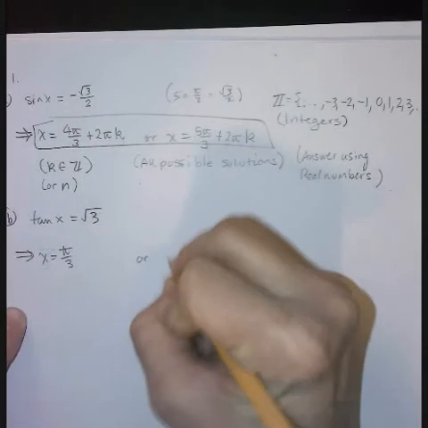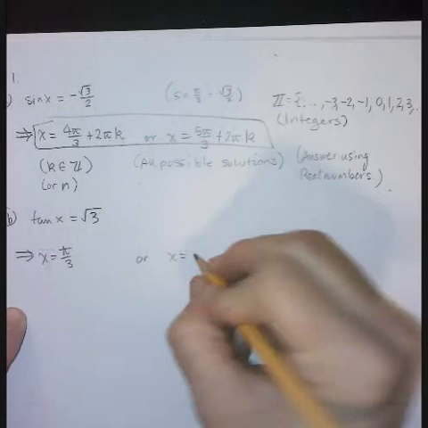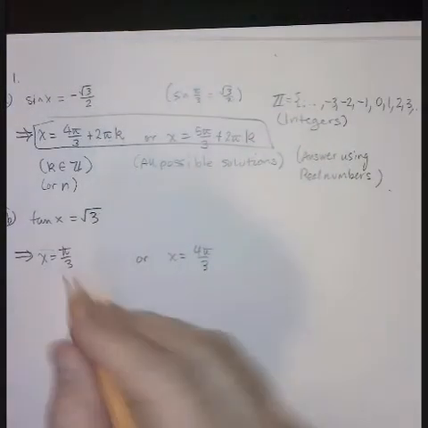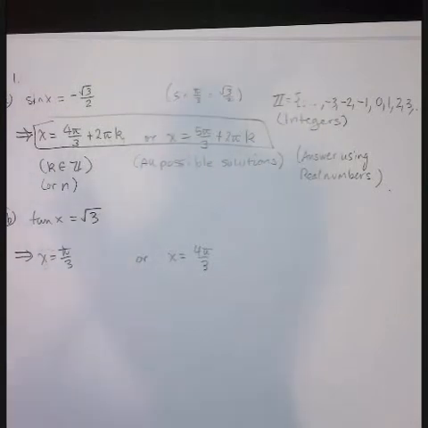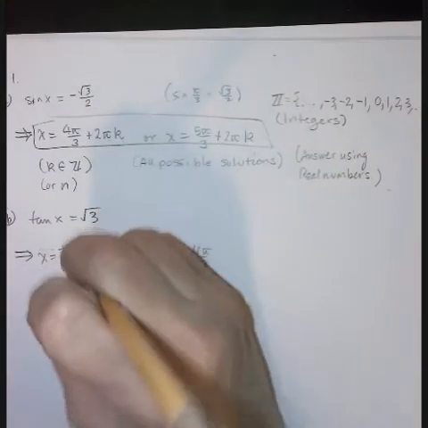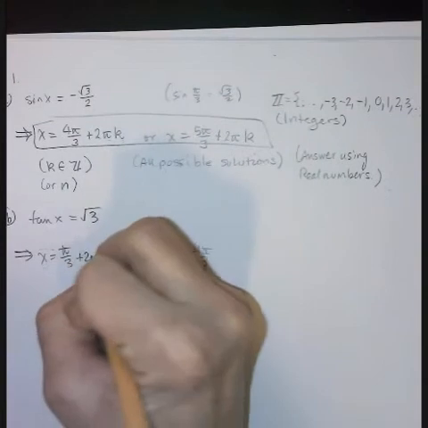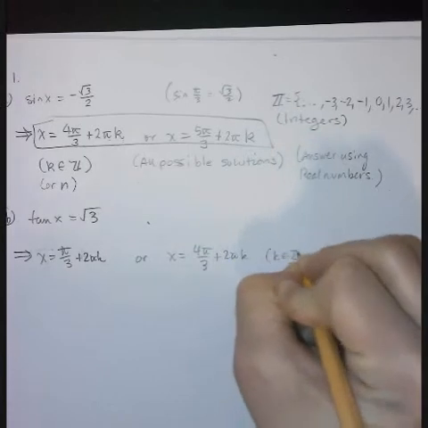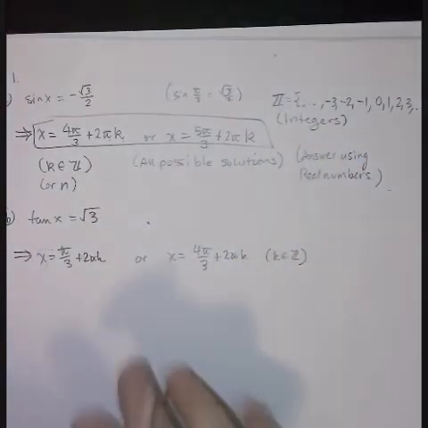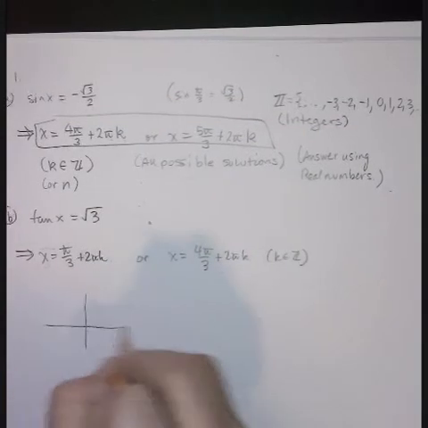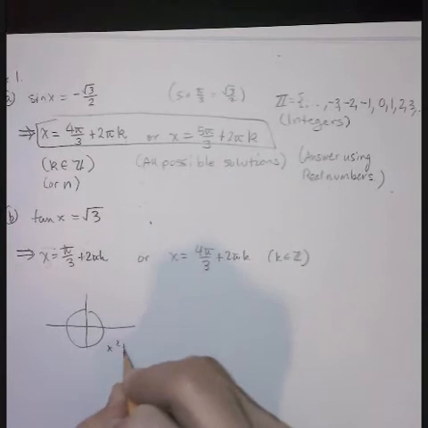Or x equals, in quadrant 3, again, 4 pi over 3. So with tangent, remember the period is pi. So you can write these separately if you want, just like we did before, add 2 pi k. K again is an integer. And that would be fine. But notice with tangent, say this is the unit circle here, x squared plus y squared equals 1.